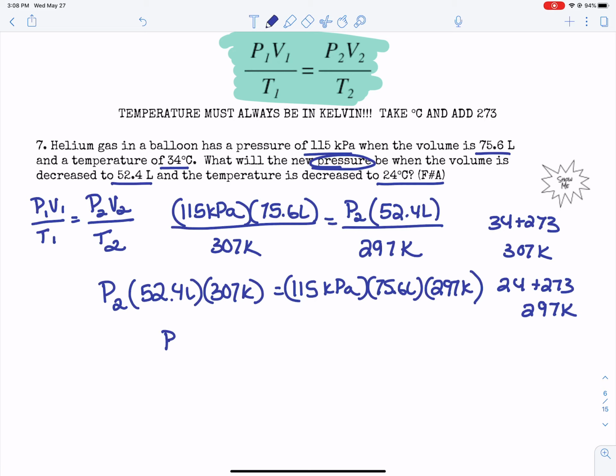Then you would divide both sides by the product of 52.4 times 307. Your new pressure is going to wind up being 161 kilopascals. Every number in this problem has 3 significant figures again: this is 3, this is 3, this is 3, and my temperatures are always 3.